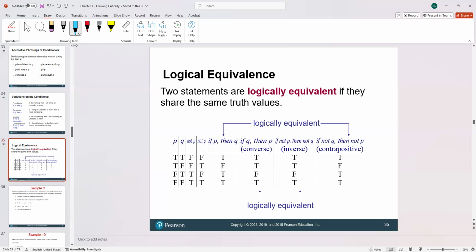We can say that the conditional and the contrapositive are logically equivalent because they have the same truth table. The conditional is the first one here, the contrapositive is right there. When this one is true, that is true. This one is false, false. This one is true, true. So we call that a logical equivalence. And the two in the middle are also logically equivalent.